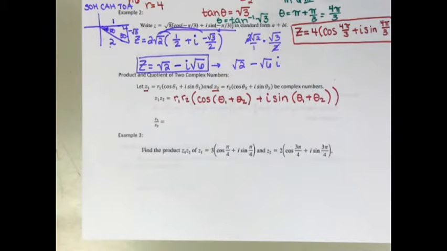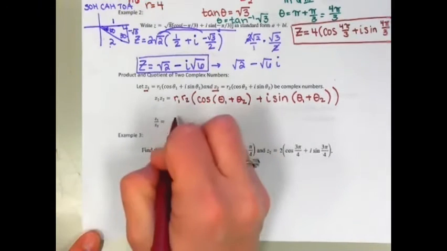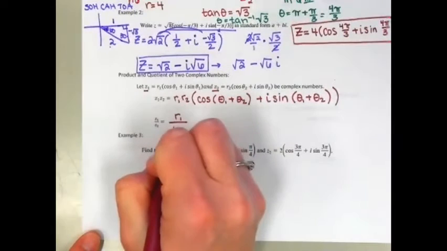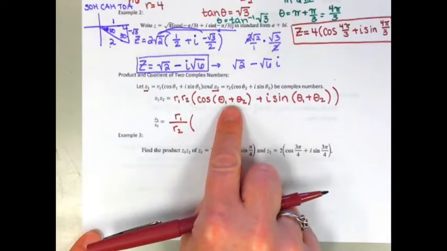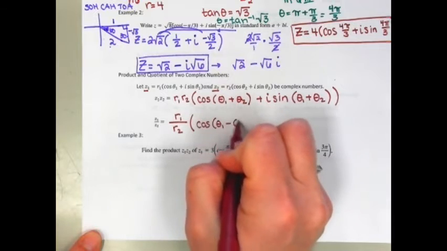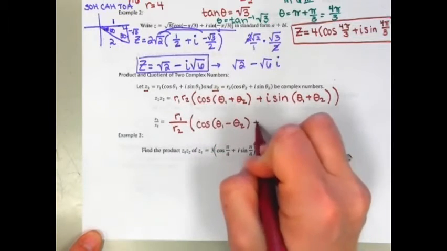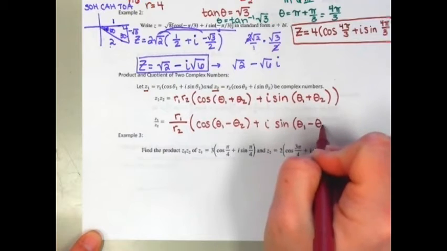For the quotient, kind of the same idea. The only difference is instead of multiplying the r's, we're going to divide the r's. And instead of adding the thetas, we're going to, what do you think? Subtract the thetas. Yep, that's it. So cosine of theta 1 minus theta 2 plus i times the sine of theta 1 minus theta 2.